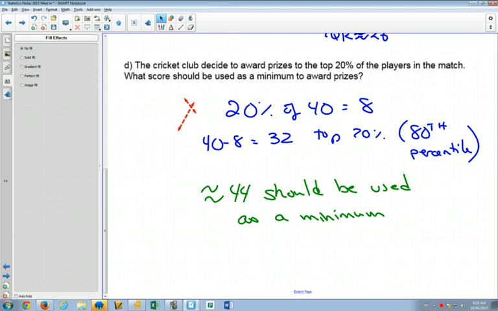So you can use a cumulative frequency polygon or cumulative frequency curve to do all sorts of estimates about percentiles.